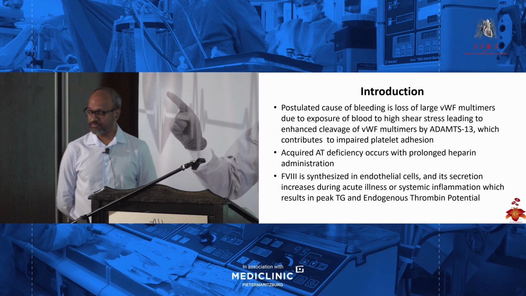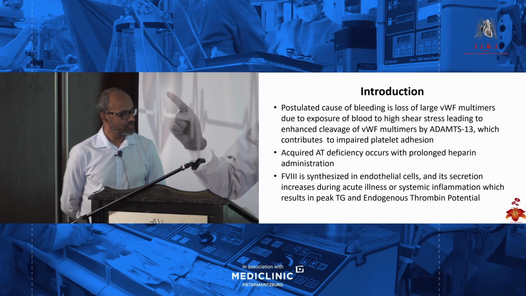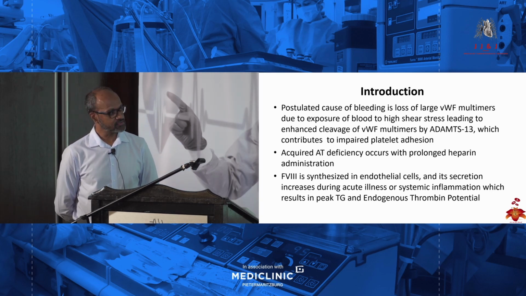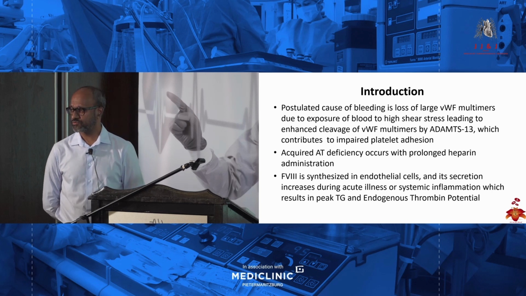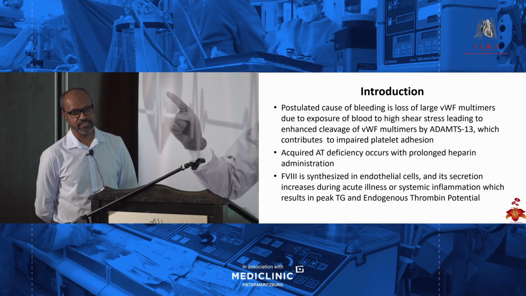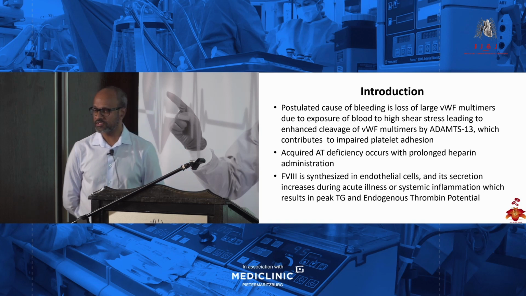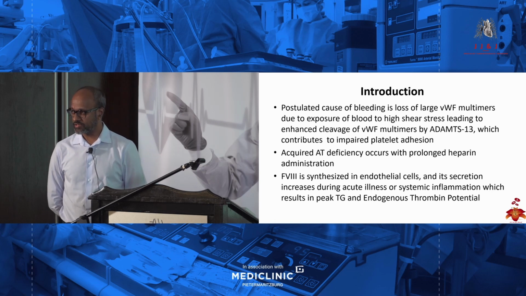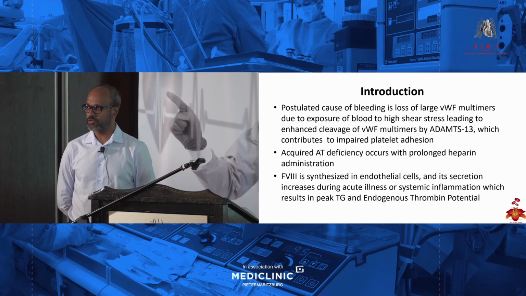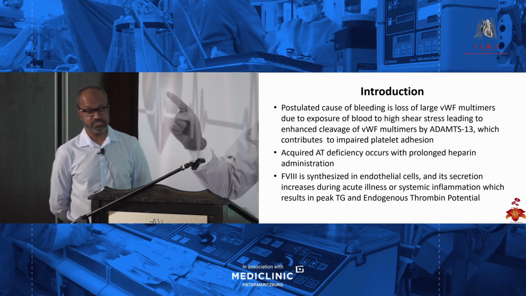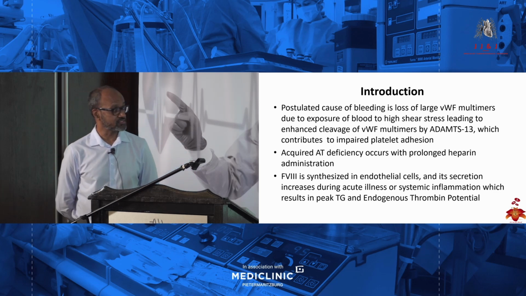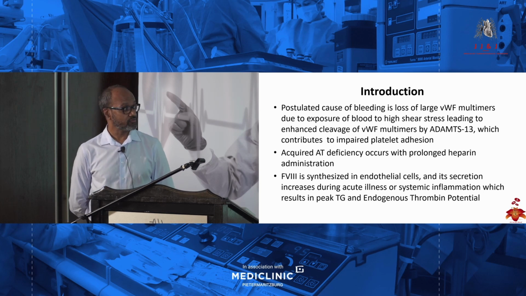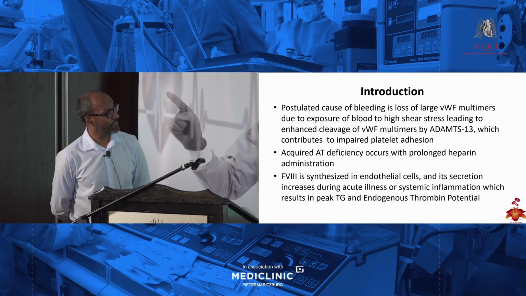The other one is a raised factor VIII level, which is found in endothelial cells, and the secretion increases with illness. We do know that factor VIII is important in the intrinsic pathway and in the tenase complex, and if we have a highly elevated factor VIII level and a low antithrombin III, we're going to have dysregulated thrombin generation, and this increases the possibility of a thrombus.